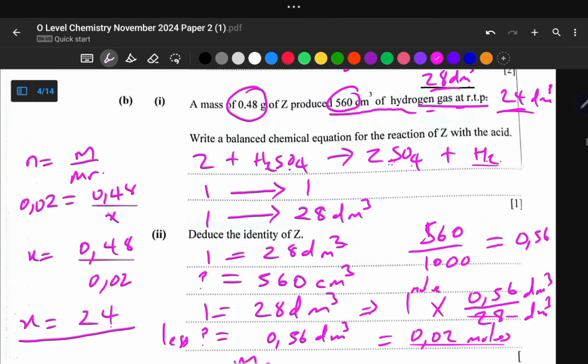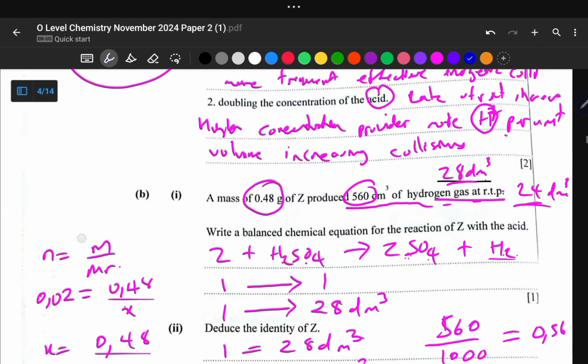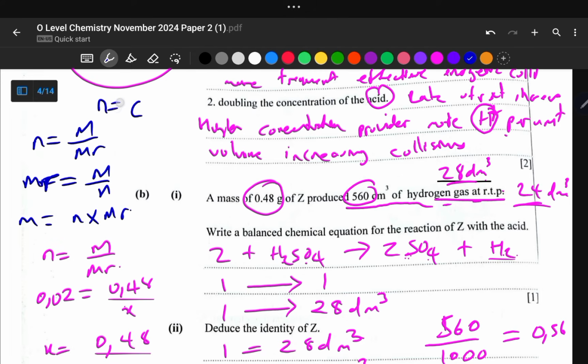So you need to know these fundamental equations for stoichiometry, right? So n is equal to mass over Mr, and then Mr is equal to mass over n, and then mass is equal to n times Mr, and then we've got n is equal to cV, and then c is equal to n over V, and then V is equal to n over c.